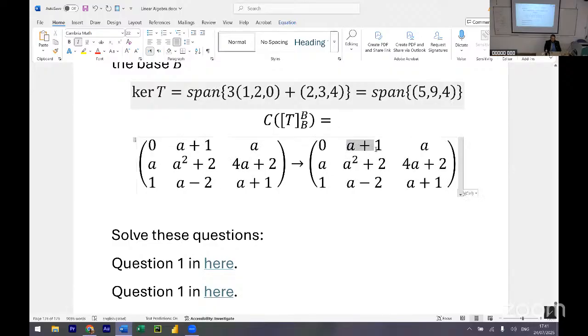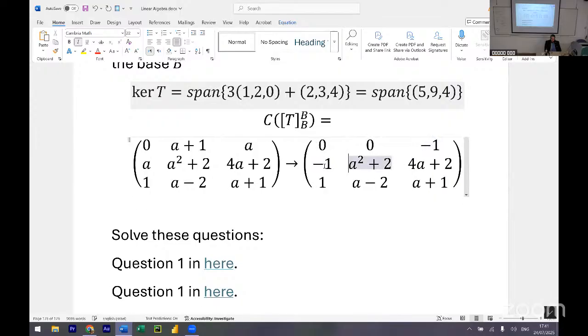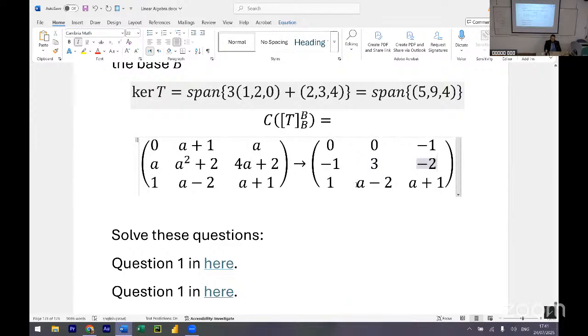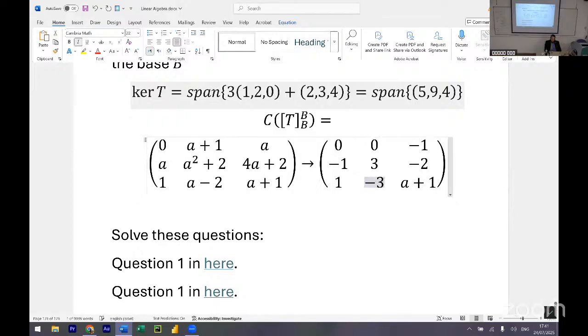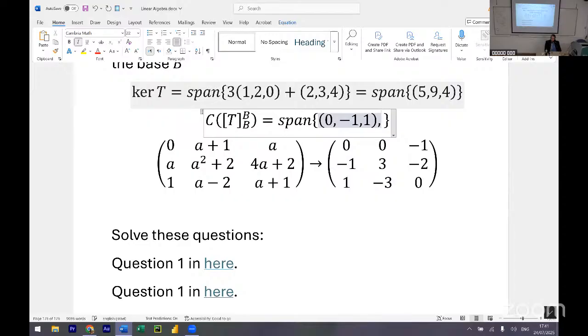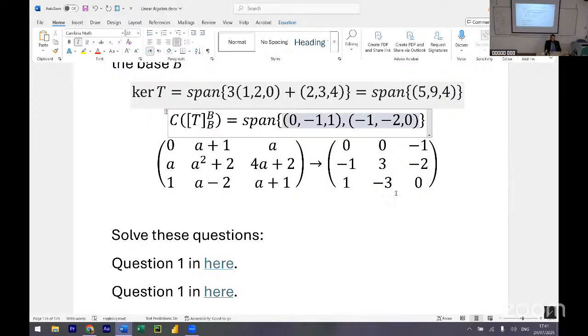A is -1, so this is 0, this is -1, this is 1, this is 3, this is -2, this is -3, and this is 0. So the column space is the span of the first two vectors, (0, -1, 1) and (-1, -2, 0). Again, you can see easily that the second column is redundant because it's 3 times the first one.